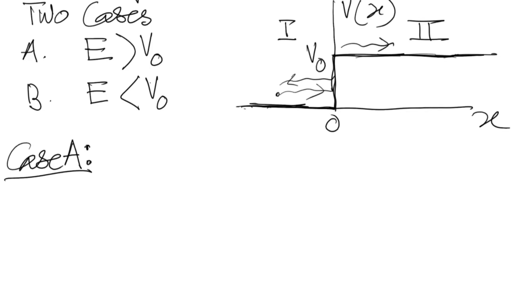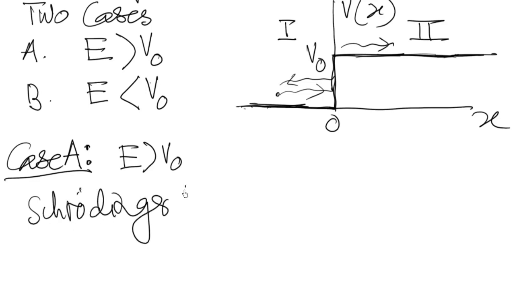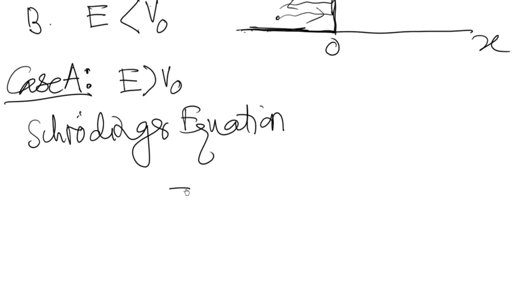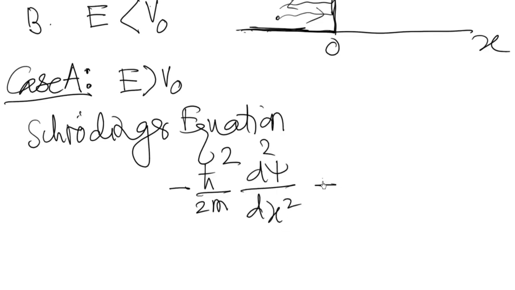We write down the Schrödinger equation. This in 1D is minus h bar square d square psi by 2m dx square plus V psi equal to E psi, where E is the total energy.